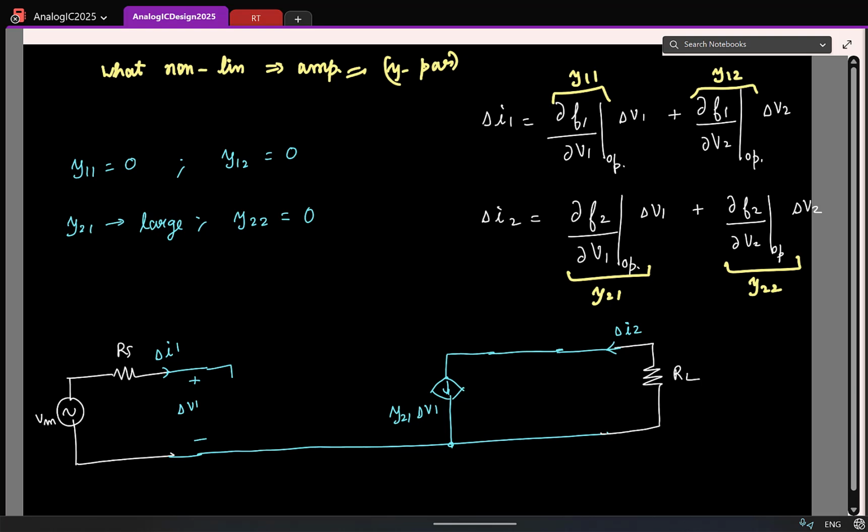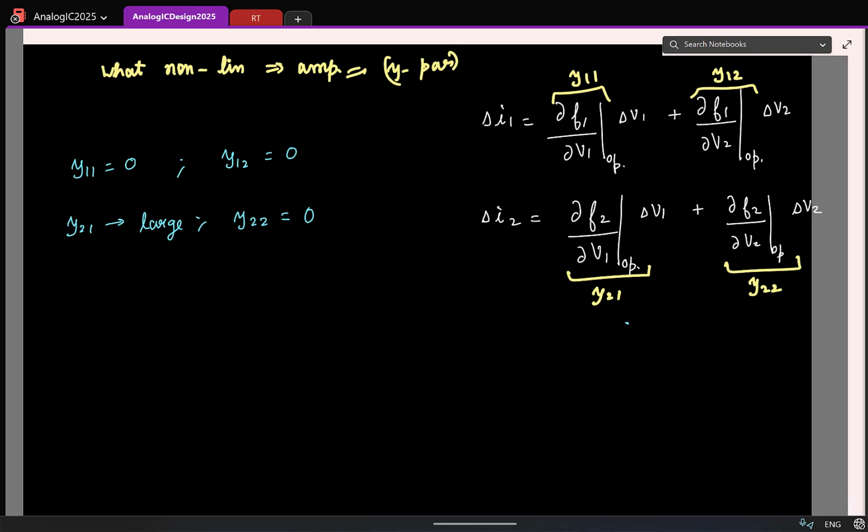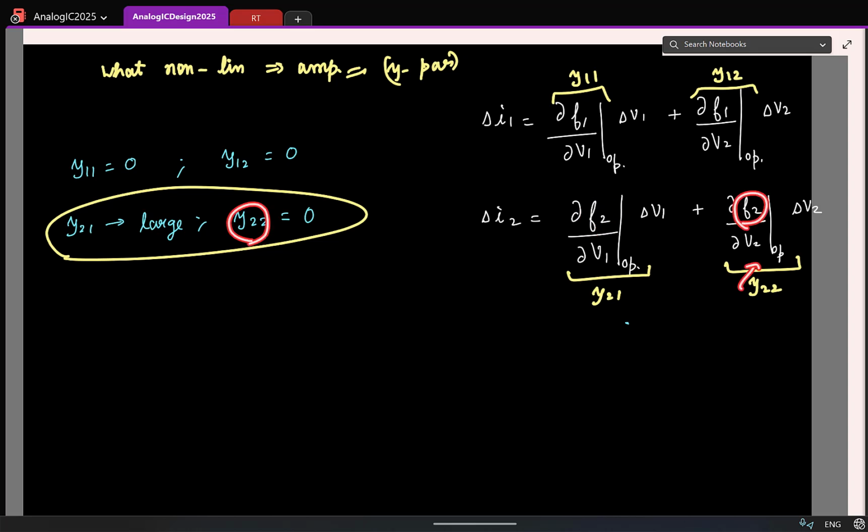Okay, so now it's pretty simple. Let's just look at the characteristics and wrap up. See, let me erase this. Now once again, remember, I'll take only these two. Y21 is essentially the partial derivative with respect to V1. Y22 is the partial derivative with respect to V2.